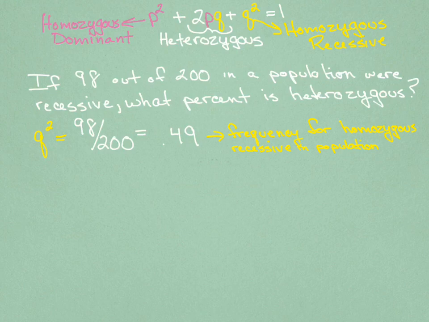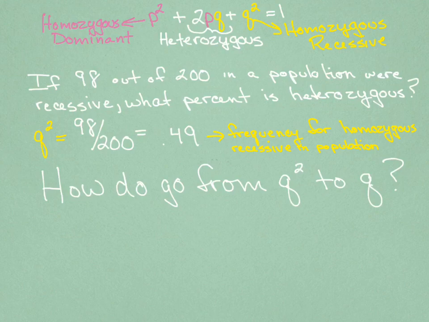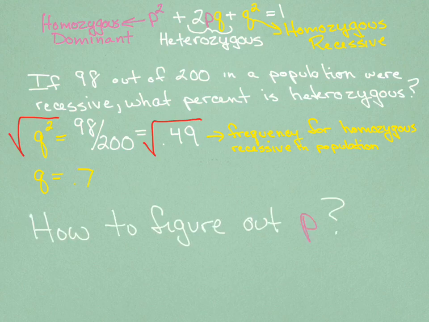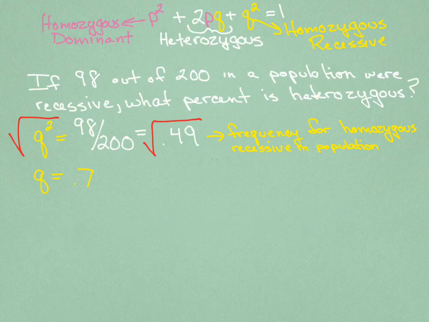So we need the frequency of homozygous recessive in the population. So how do we go from Q squared to Q? Do we remember? You've got to square root it. So it's 0.7. Now we have to figure out P. And I bet you already have processed this. You're like, Ms. Pazzarelli, use that P plus Q formula. Easy peasy lemon squeezy. So plug in for Q, equals 1.